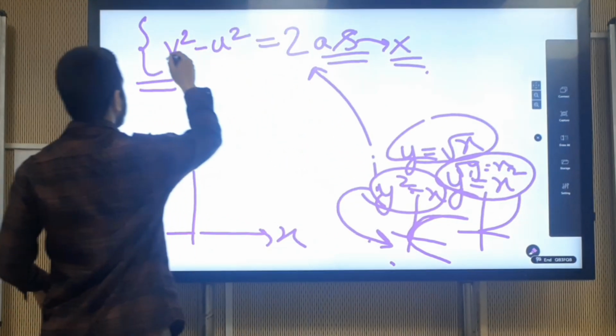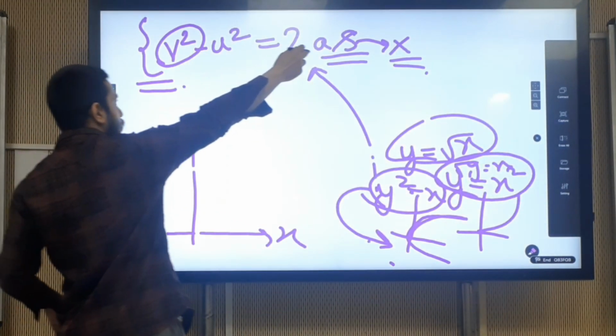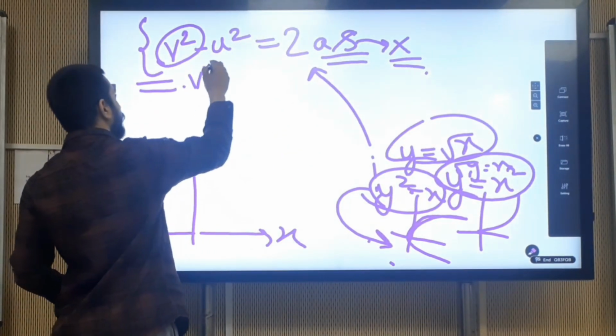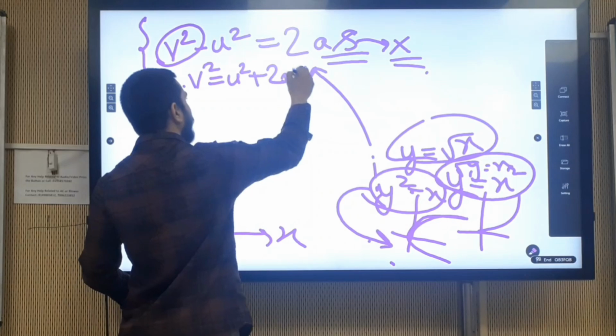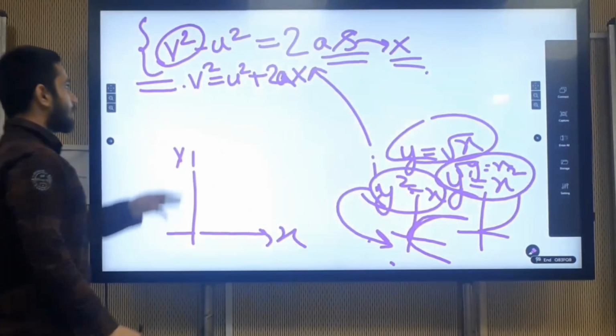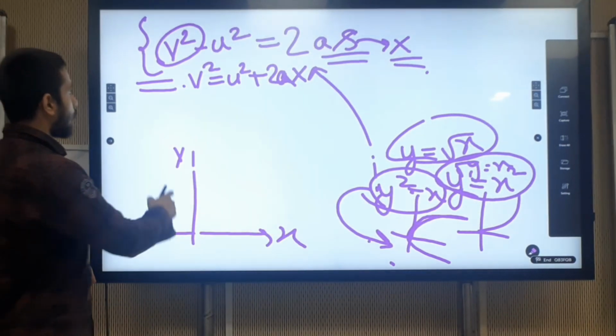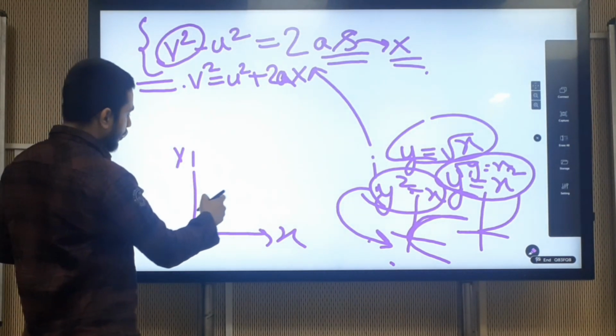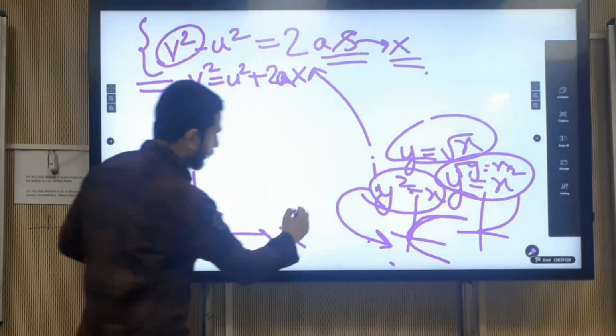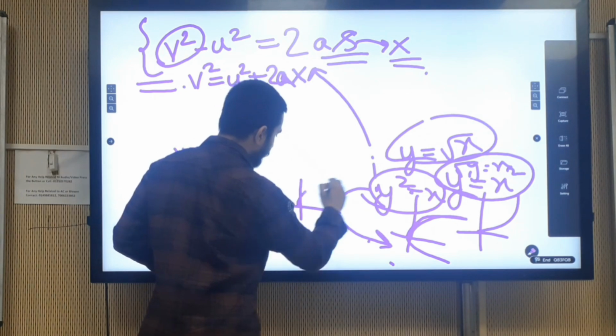Now v square minus u square equals 2as, or v square equals u square plus 2ax. How will the graph be plotted? v square equals 2ax is like y square equals x, and this is the graph.